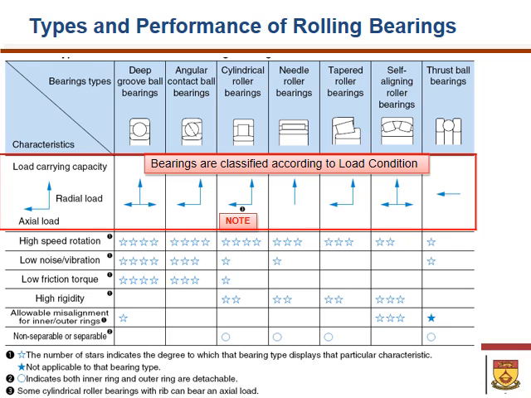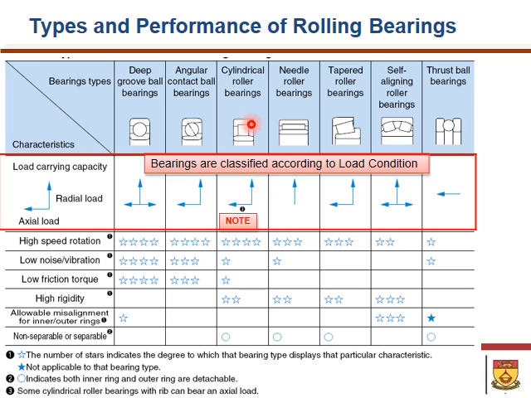This is a typical overview of a rolling element chart. The rule of thumb from what we have learned is that a cylindrical roller bearing is capable of taking up more radial load as compared to a ball bearing.